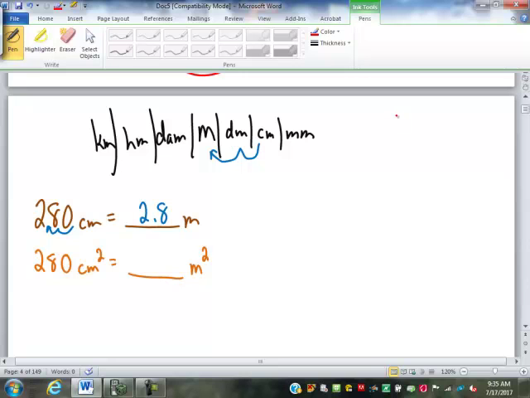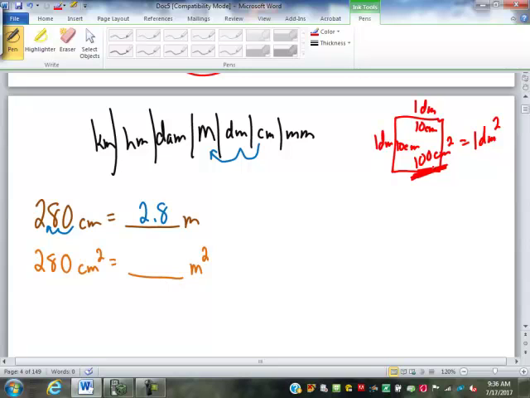There's 10 centimeters in 1 decimeter. But a square decimeter is 10 by 10, or 100 centimeters squared. So now each spot on the chart is multiplying or dividing by 100.